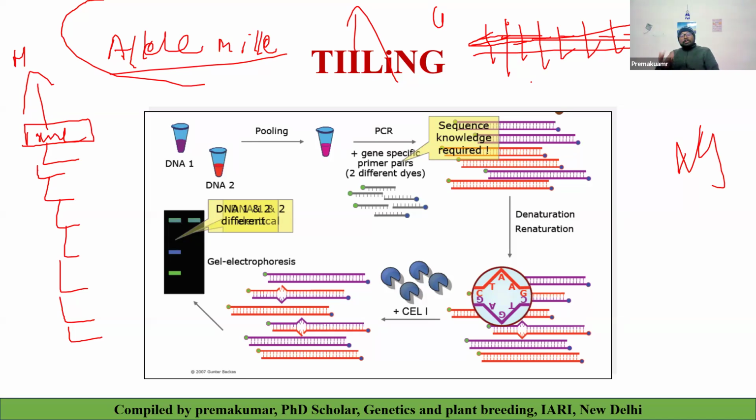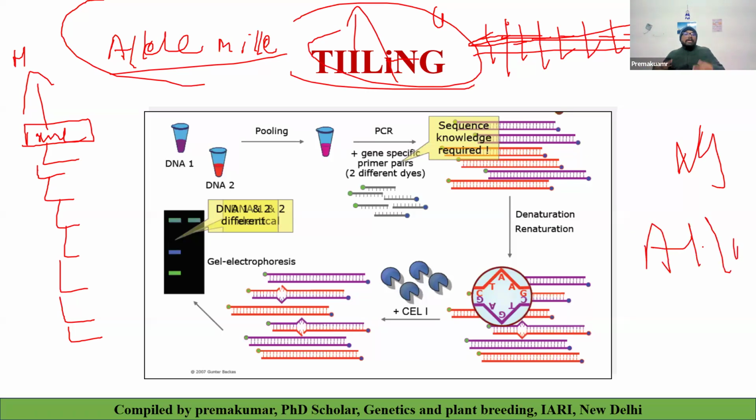But earlier, for example, in wheat, whole genome resequencing is very, very costly. In that case, as a cost-effective method, we can use TILLING to identify alleles. We are identifying how many alleles are present in these landraces for this particular gene. If you want to know that, you can use TILLING.